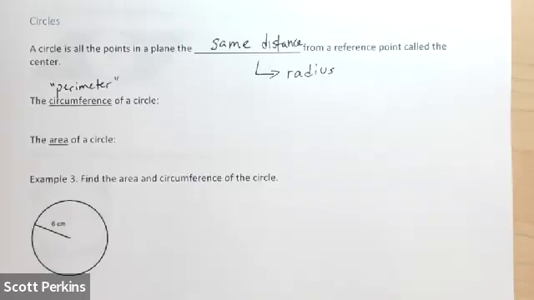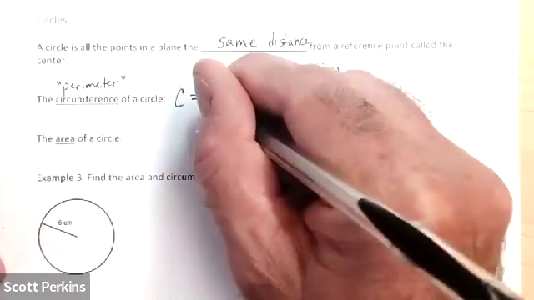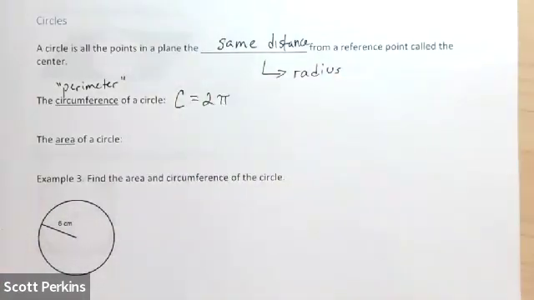The way you find the circumference of a circle, notated C, is it's equal to 2 times this number pi. We're going to learn just a touch more about pi in our last unit in this class. Pi is called an irrational number, and what that means is it can't be represented by a fraction. It's a decimal that never ends and never repeats.